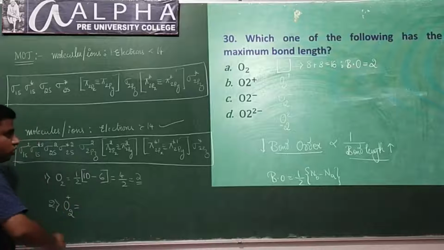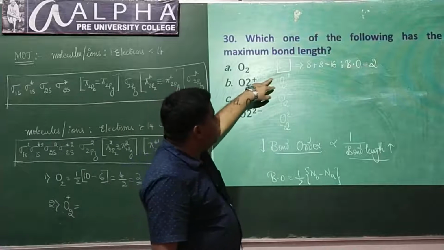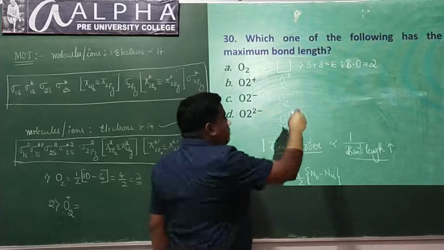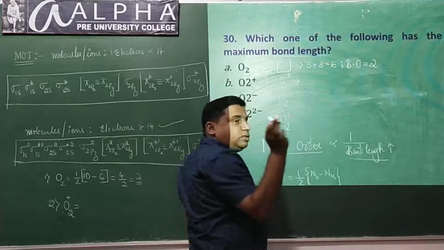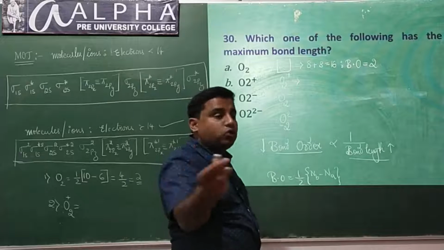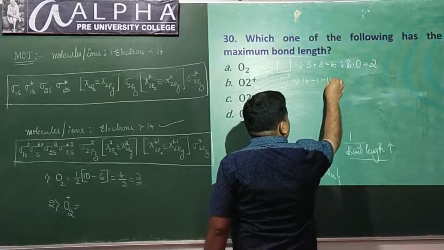What is the bond order in O2 plus? Before that, please count the number of electrons. There are 2 oxygen, so 8 plus 8 is 16, but it has a positive charge. If it has a positive charge, that means we need to subtract 1 electron. So 16 minus 1 is going to be 15.